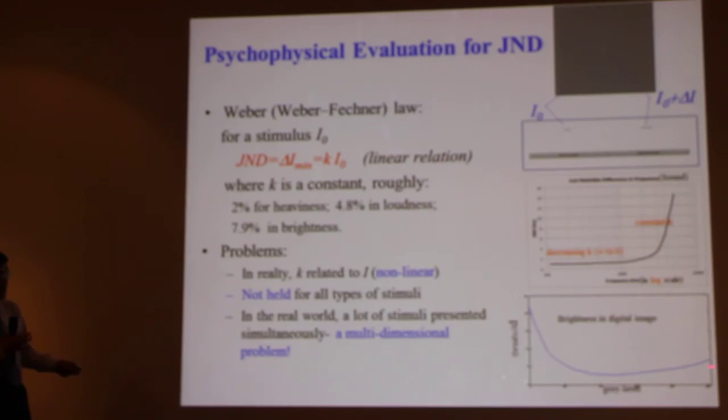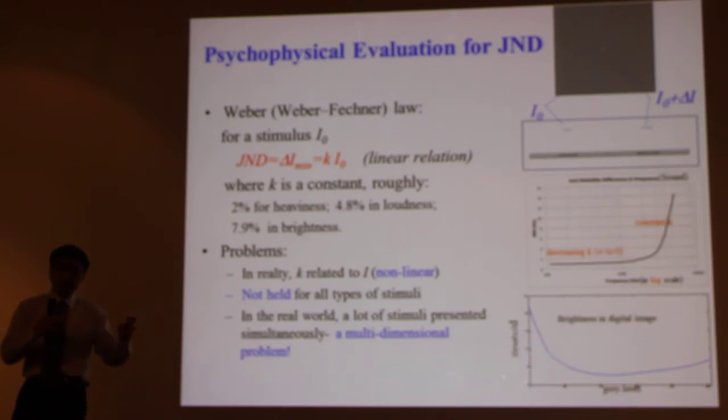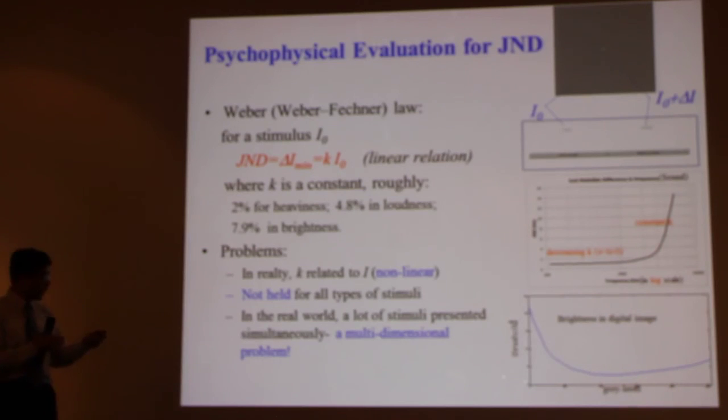Even for brightness, which Weber used for the original theory, this linear relation is for luminance in the analog domain. When we come to the digital image, the relation is no longer linear.